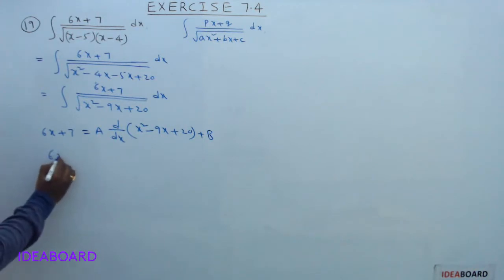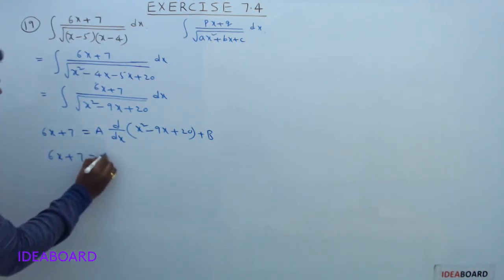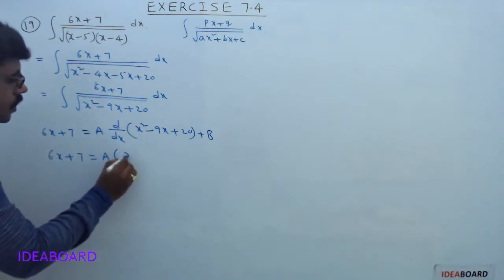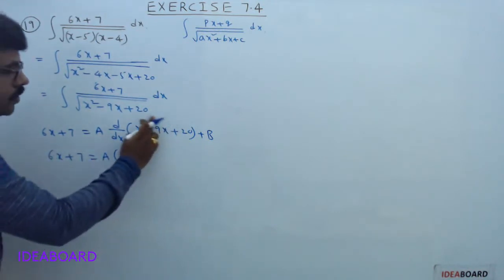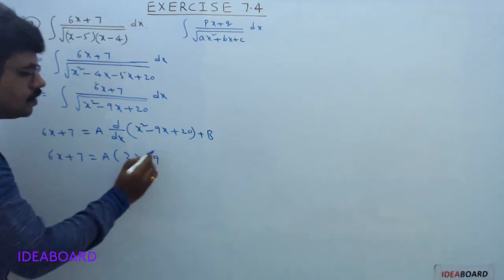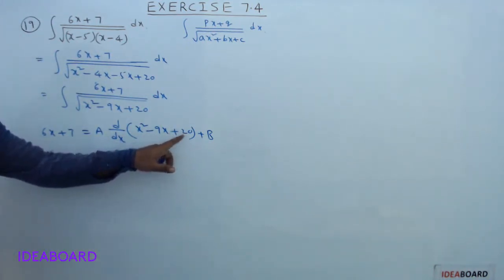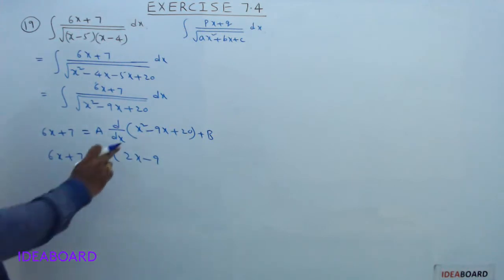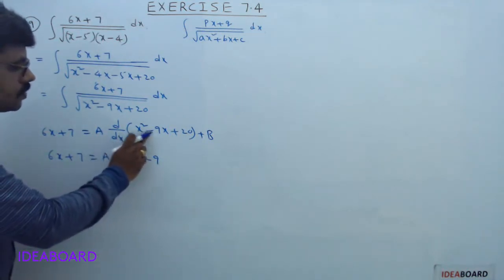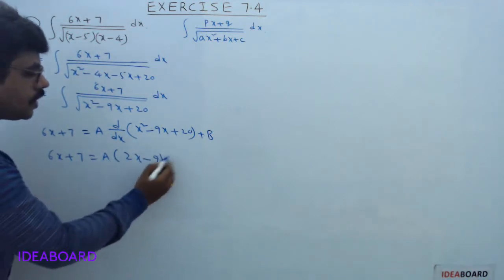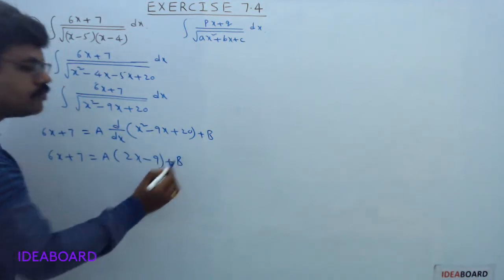Now this is 6x + 7 equal to a into the derivative of x², which will be 2x. The derivative of minus 9x is minus 9. 20 is the constant term, its derivative is 0. So the derivative of x² - 9x + 20 will be 2x - 9, plus the constant term b.